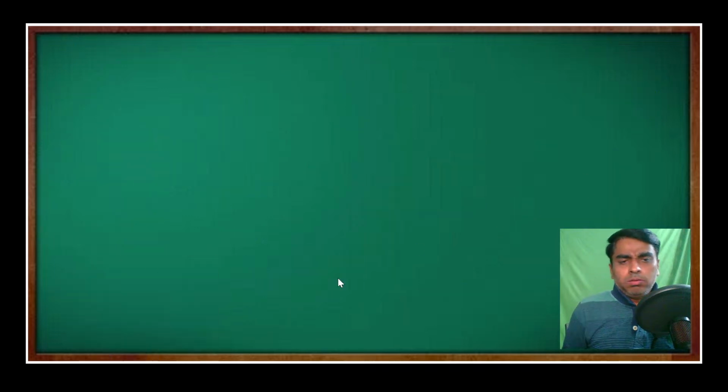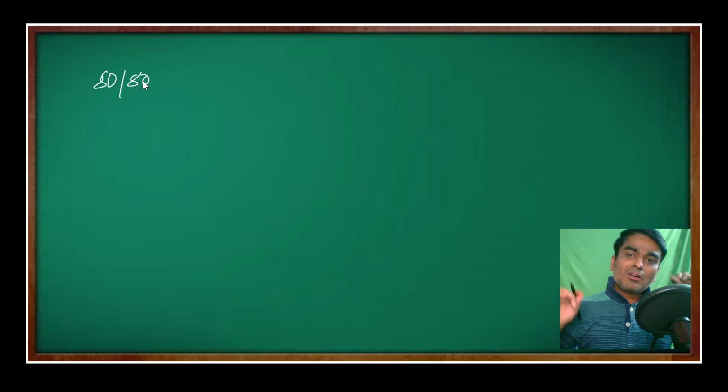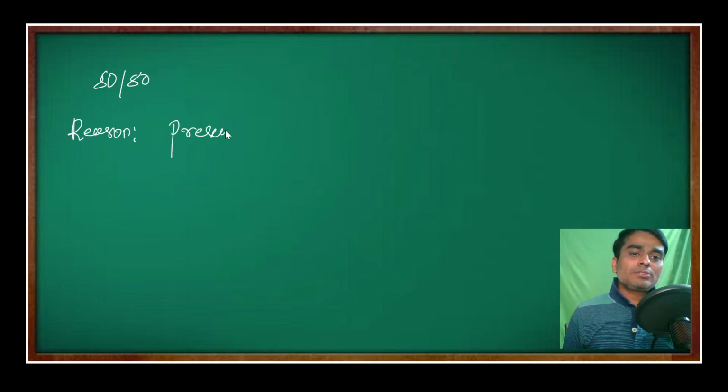Many students will say, no, I have solved everything, the full paper I have solved, but when the result comes they do not get full marks, though they have solved everything. No question was left and every answer was correct, but they did not get 80 out of 80. The reason is the way of presentation. So presentation is very important.